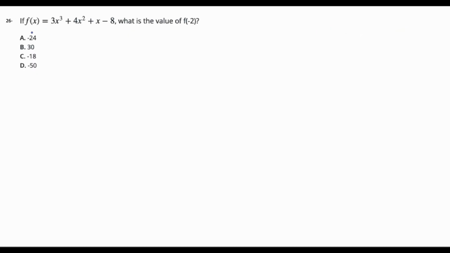Question 26 says, if f of x is equal to 3x cubed plus 4x squared plus x minus 8, what is the value of f of minus 2? Now, all they want us to do here is substitute x for minus 2 in this equation. So f of minus 2 is equal to 3 times (minus 2) cubed plus 4 times (minus 2) squared plus (minus 2) minus 8.